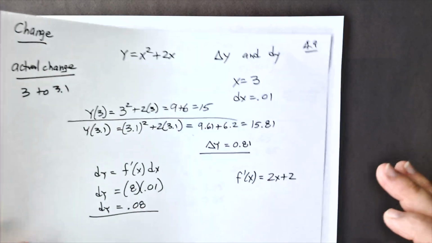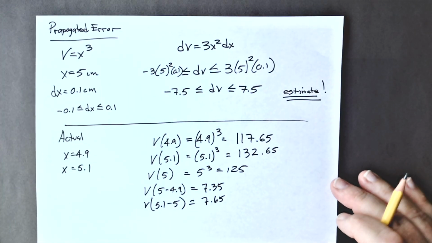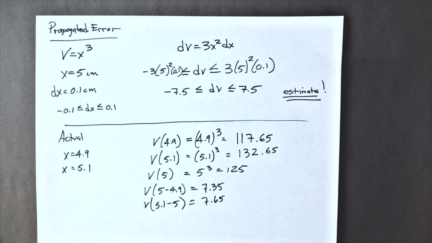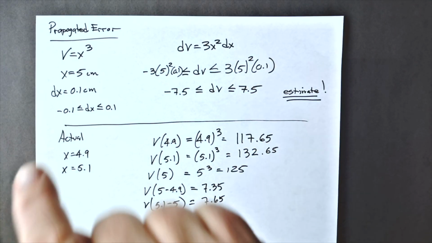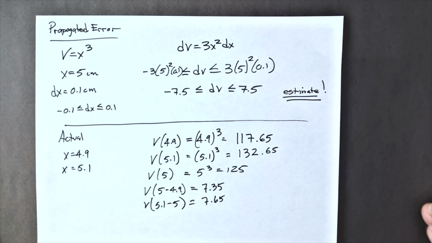Which then leads us to something called propagated error, which means if I have an error in my input and then I'm going to use that data in further calculations, how bad can I be off in my final answer? And I'm sure you can imagine that bad things in result in bad things out. This is talking about how bad. Like how bad would it get?